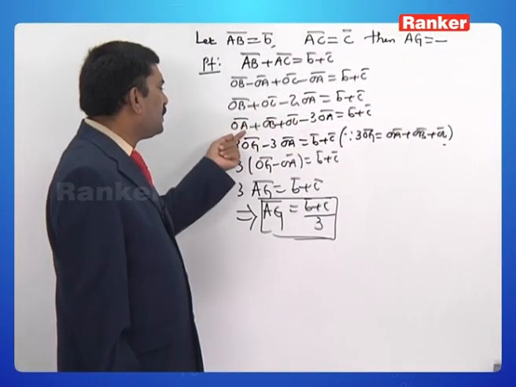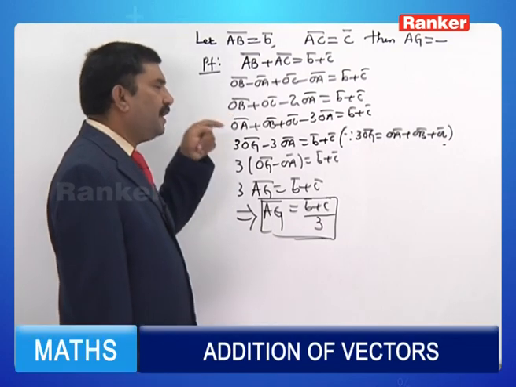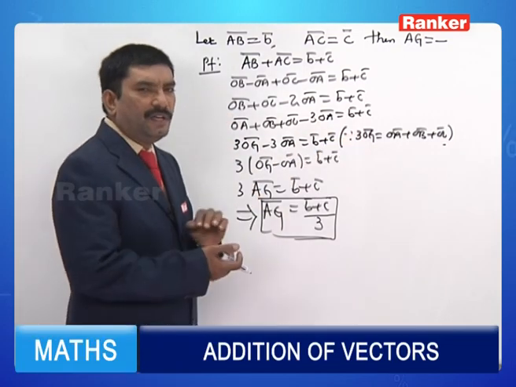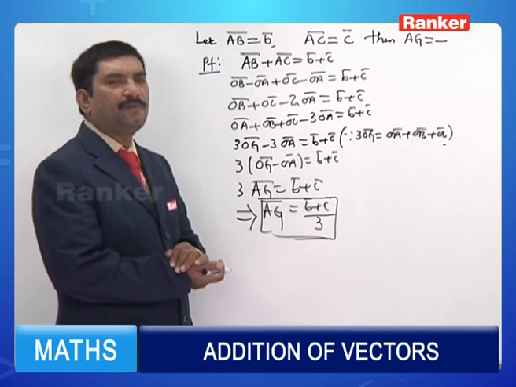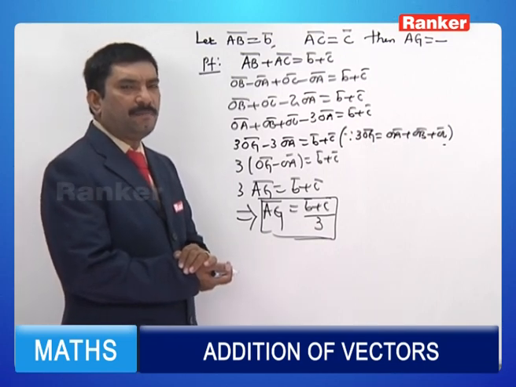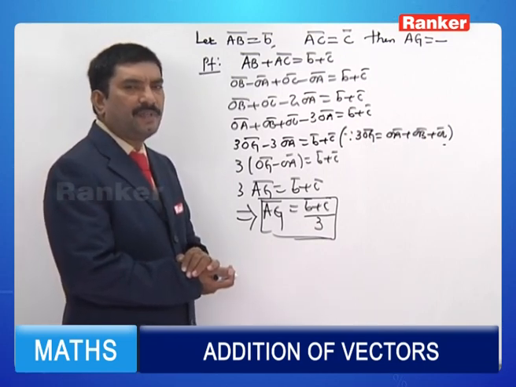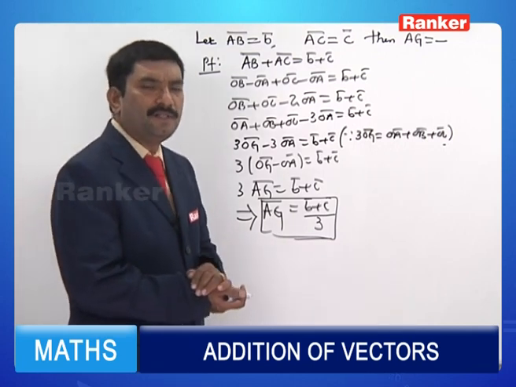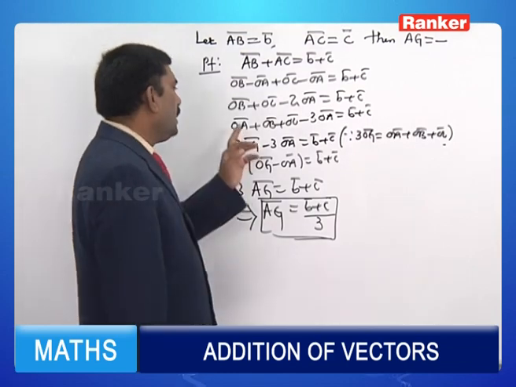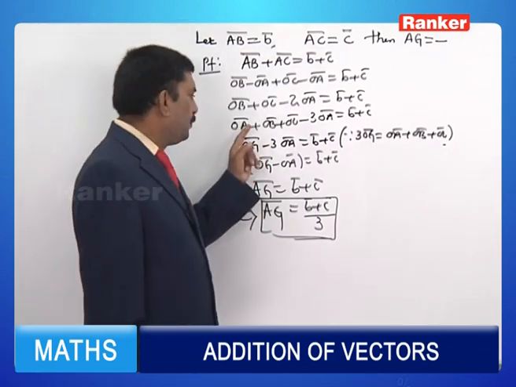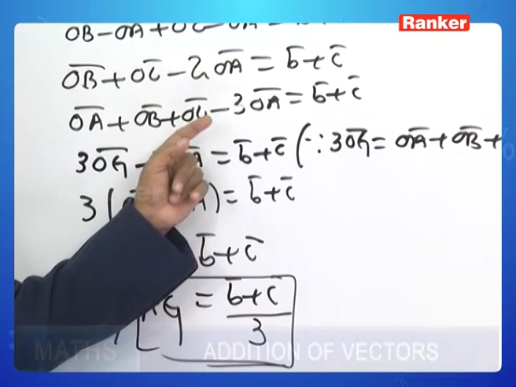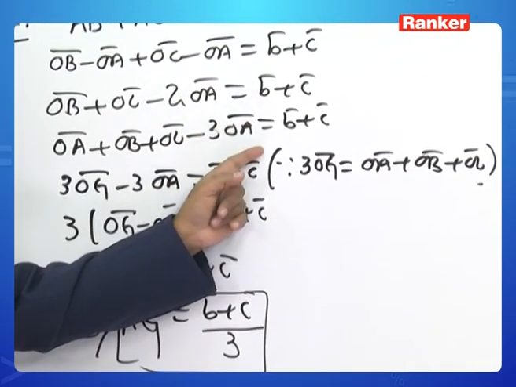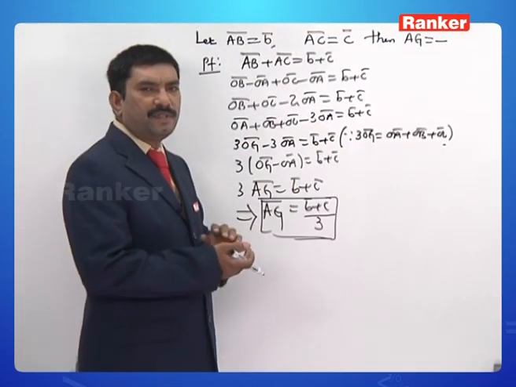Now I want one more OA bar. Why? To write this result, 3 into OC bar, I need OA bar. To get more terms from fewer terms, either add and subtract, or divide and multiply. So add and subtract OA bar: OA bar plus OB bar plus OC bar minus 3 OA bar is equal to B bar plus C bar.